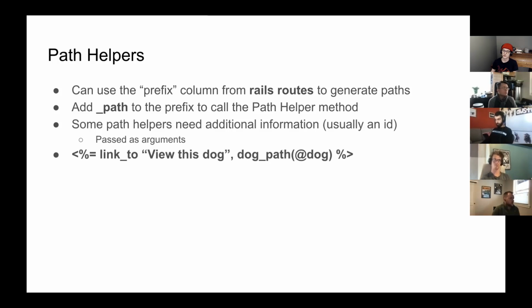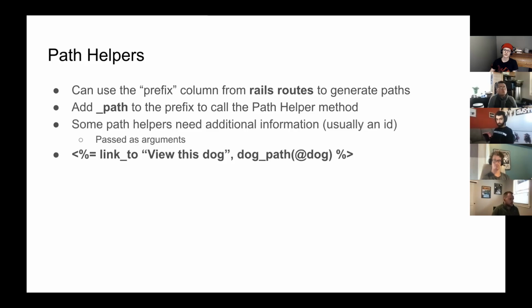Then the second piece is the prefix dog, adding underscore path to that prefix and passing it an argument of a dog object. Rails is smart enough to infer that when you pass a path helper a record, like @dog, a whole dog object, Rails will know to grab the ID from that and put it in the path for you.